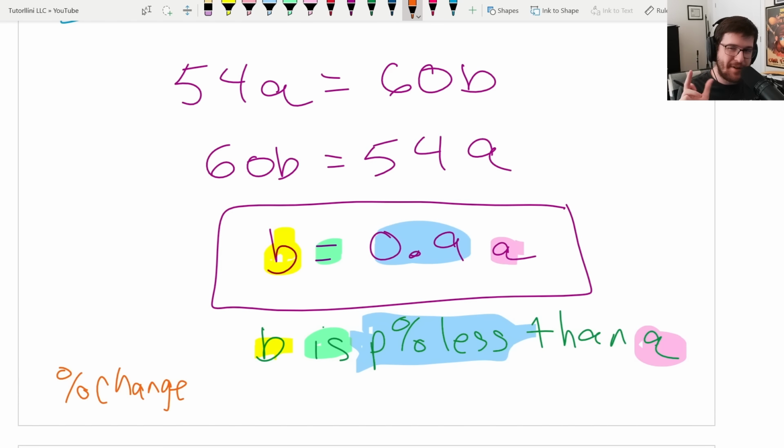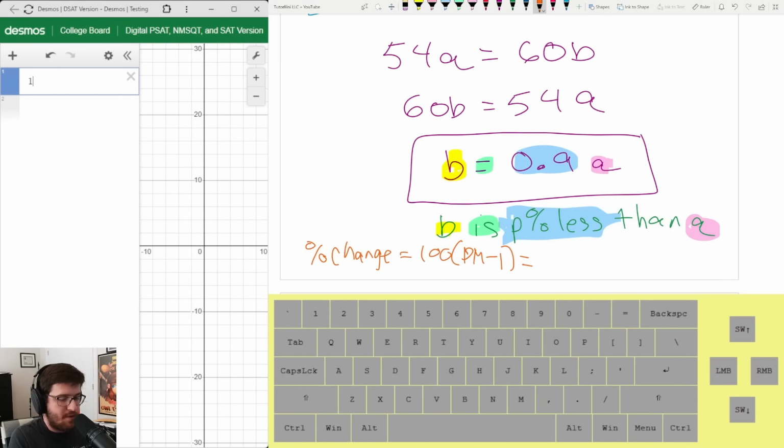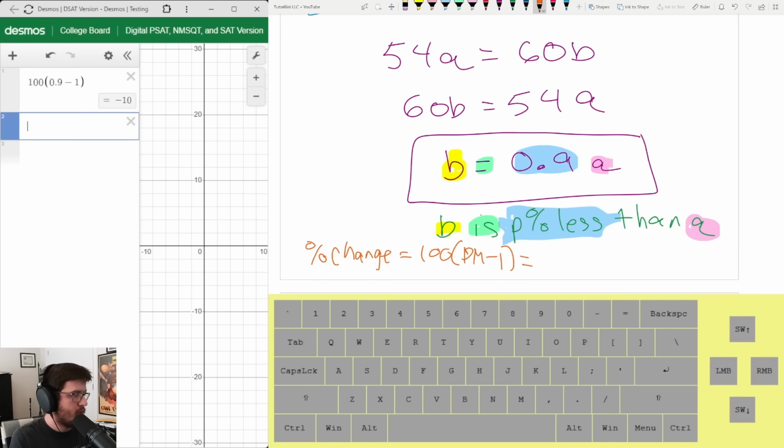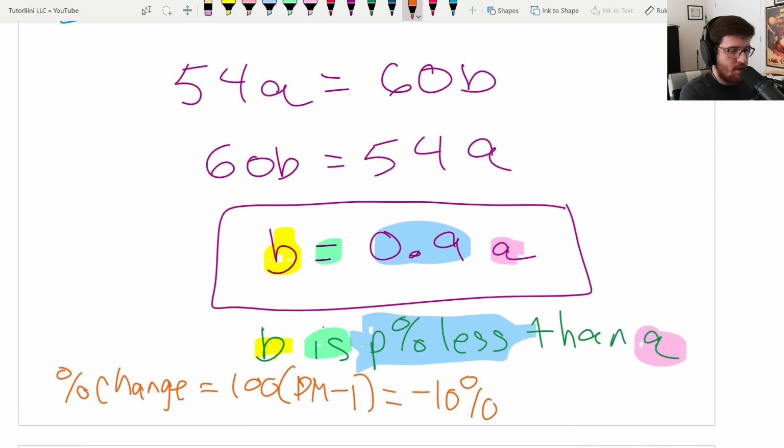But because there's an increase-decrease word, I have to subtract 1 and then multiply by 100. So 100 times the percent multiplier minus 1, so 100 times 0.9 minus 1, I get negative 10. So this is a negative 10% change, which is a 10% decrease, or in other words, 10% less. So p is equal to positive 10.